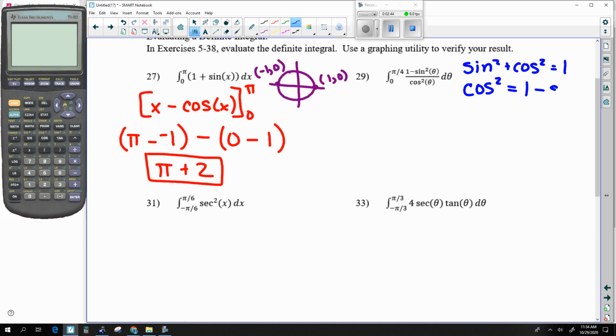So that would be minus sine squared, and notice that 1 minus sine squared is equal to cosine squared. So this is the same thing as saying cosine squared over cosine squared.